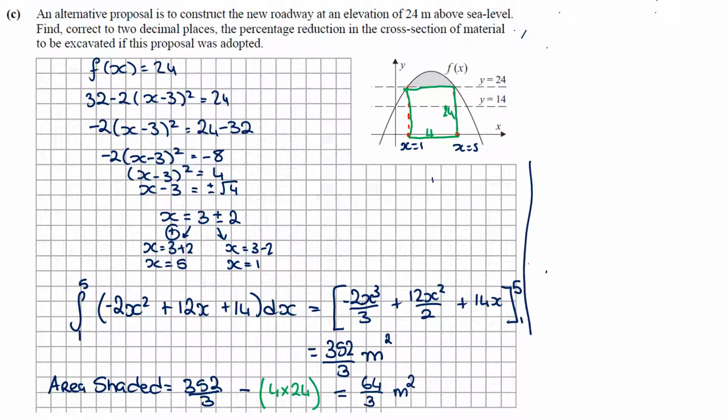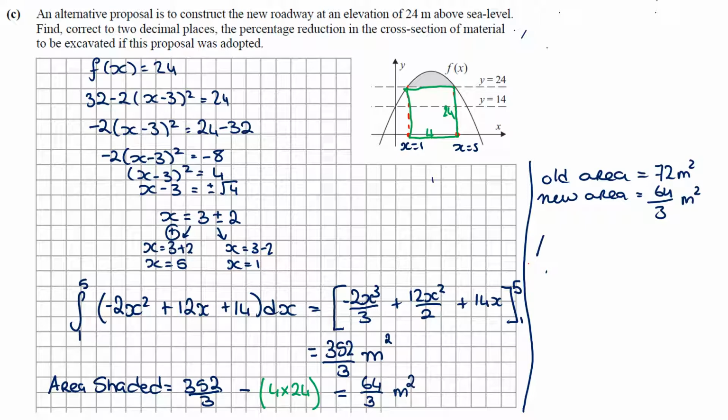So working here, we had the old area and we work with the accurate one. We have 72 meters squared. And we have the new area, which we worked out as 64 over 3 meters squared.